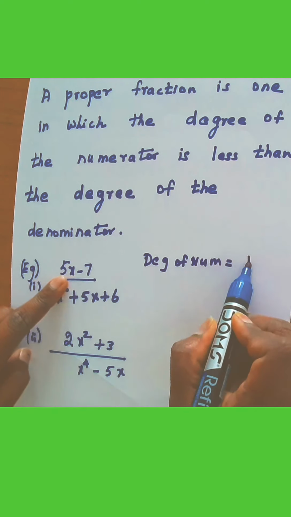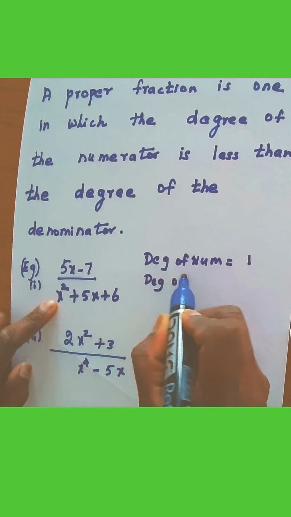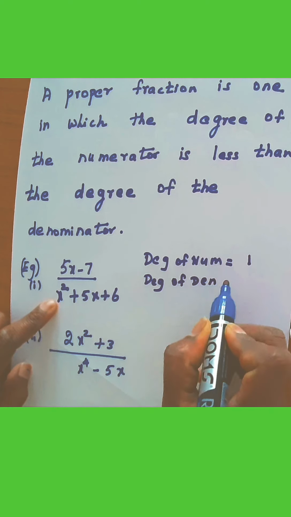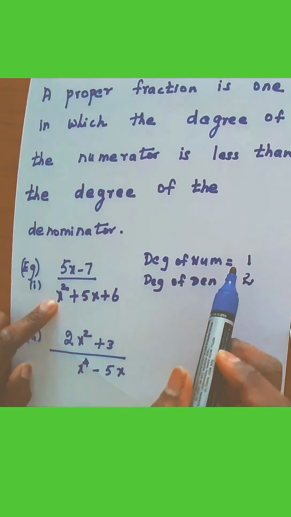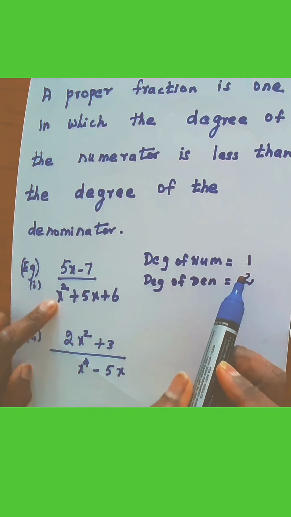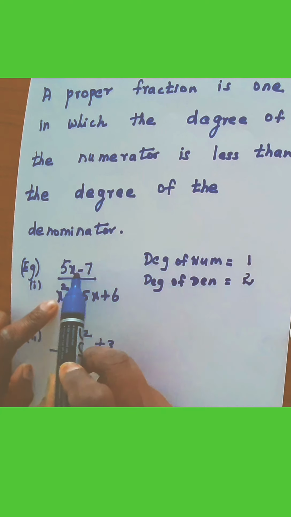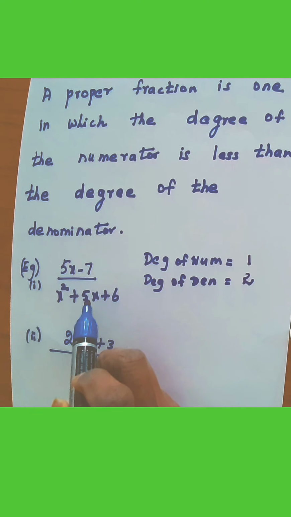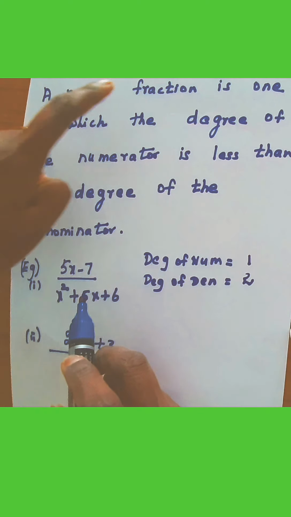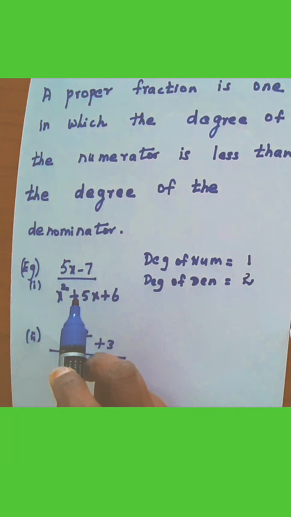The degree of the denominator is 2. Obviously 1 is less than 2, which means the numerator degree is less than the denominator degree. So what kind of fraction is it? Yes, it is a proper fraction.